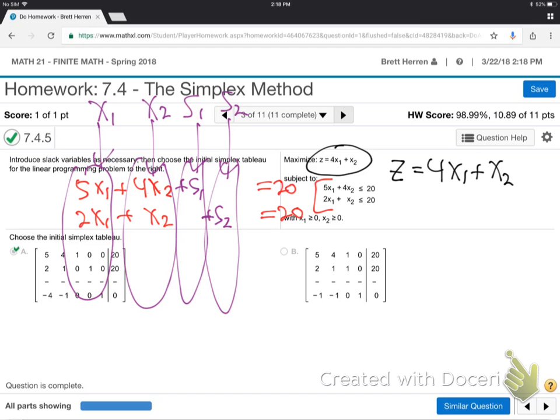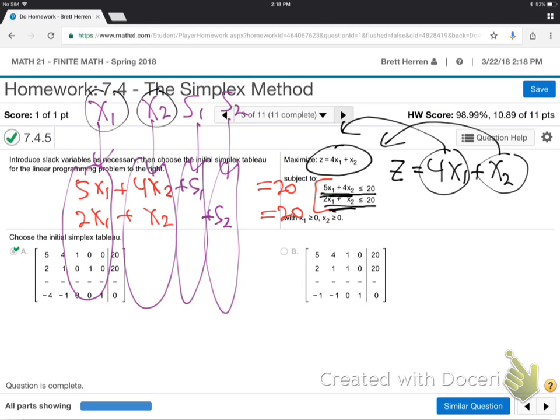If I want that z equals 4x1 plus x2 to look like this guy and look like that guy, I want them all to look alike, then I'm going to have to jump the 4x1 and the x2 to the left side. Why? Because these have x1 and x2 on the left side, and I've got x1 and x2 on the left side, don't I?